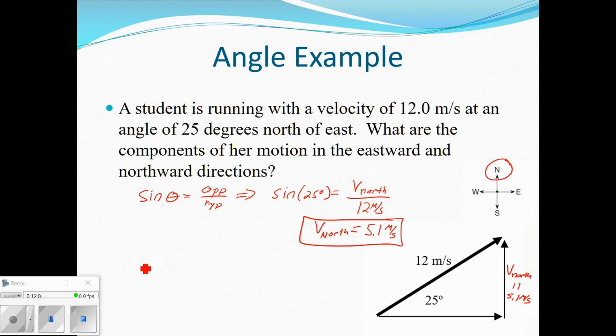Now I'm going to find out what the other component is. To do this one, I'm going to use cosine theta, which is equal to adjacent divided by hypotenuse. My adjacent value here is going to be my velocity component eastward.